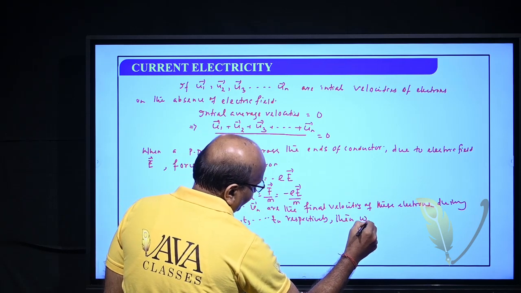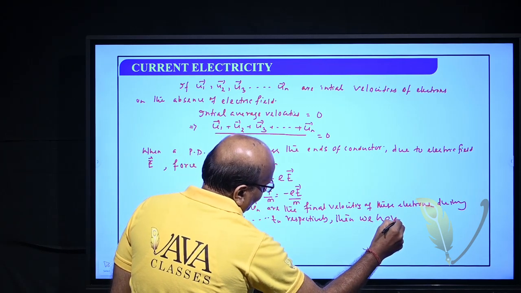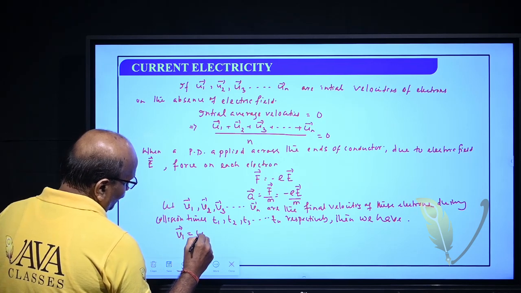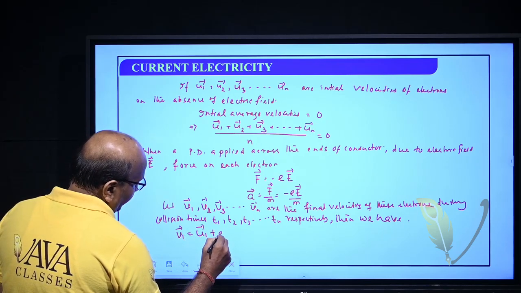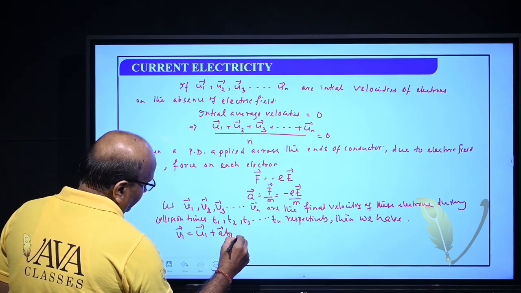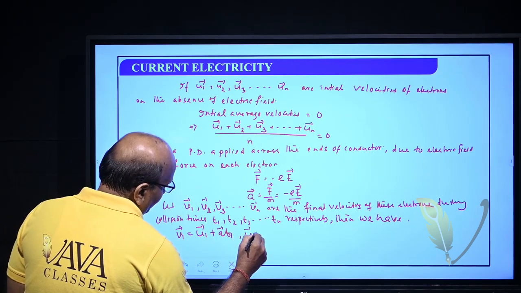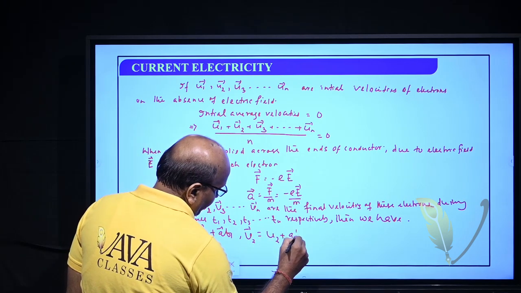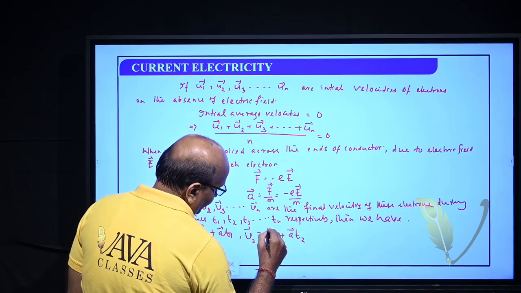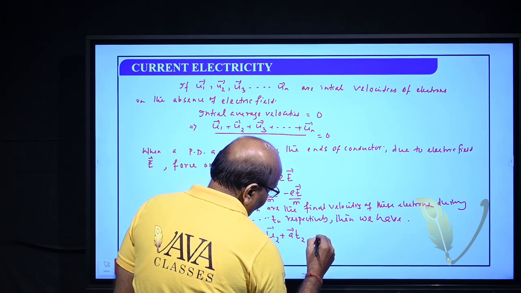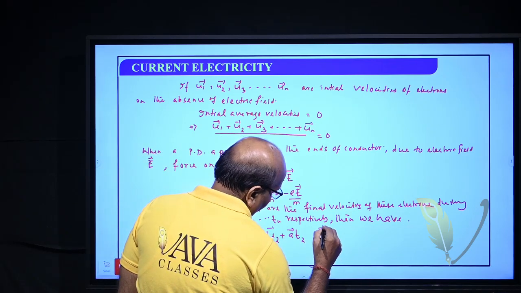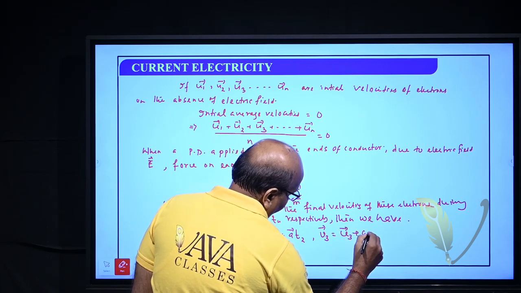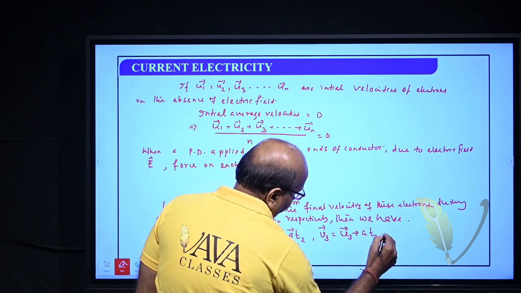Then we have V1 is equal to U1 plus A T1, V2 is equal to U2 plus A T2, V3 is equal to U3 plus A T3, and so on.